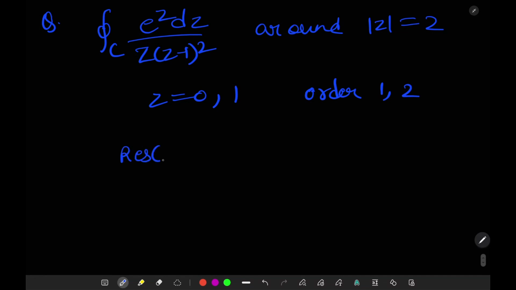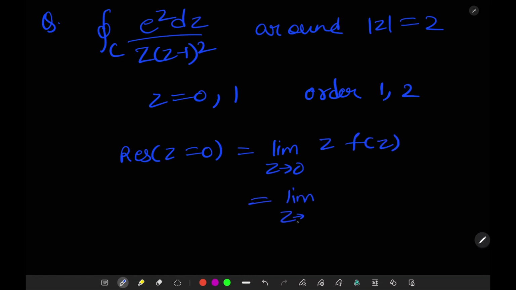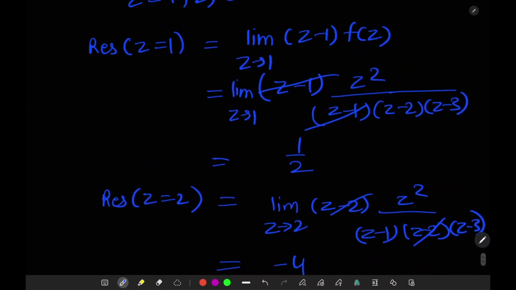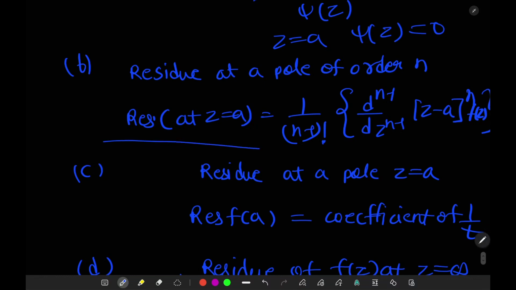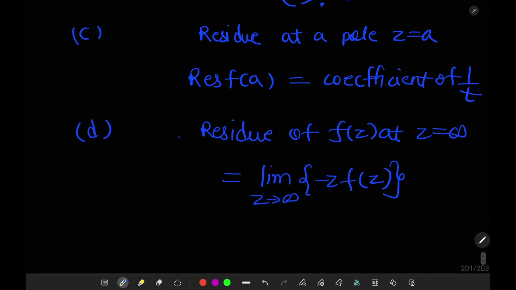Now finding residue at z = 0, limit z tends to 0 of z times f(z). For the pole at 1, you can see this is power 2, so we use the case of a pole of order n, here n = 2.